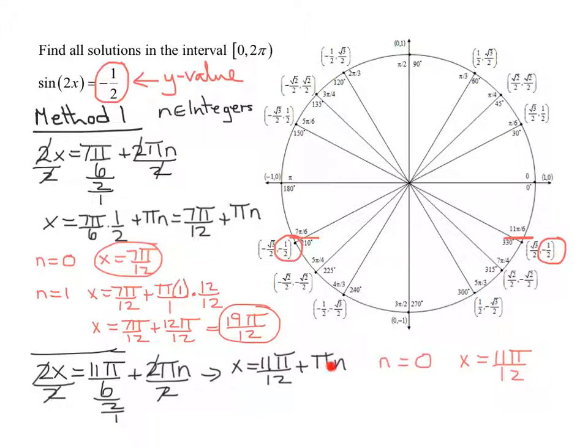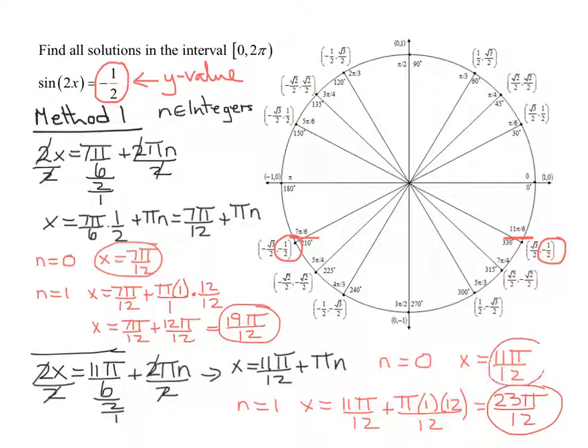Because when n is 0, this goes away and I just get left with that. When I put in n equals 1, I get x is 11 pi over 12 plus pi times 1, which I'm going to turn into a fraction by multiplying it by 12 over 12. So hopefully you can see that I'm going to get 11 pi plus 12 pi over 12. So I'm going to get 23 pi over 12. So there are my last two solutions.